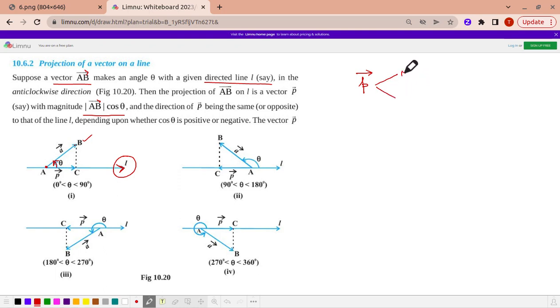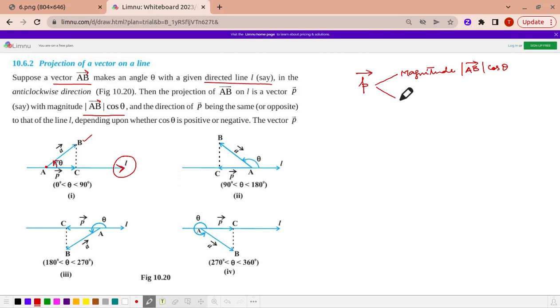Its magnitude is mod AB cos theta. Now what is theta? We just discussed, theta is the angle between the vector AB and the directed line L measured in the anti-clockwise direction. That is the magnitude. And what will be the direction?